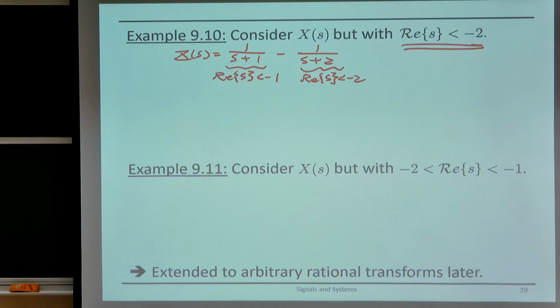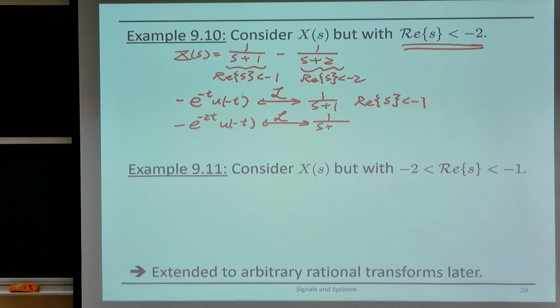And this corresponds to minus e to the minus t u of minus t and minus e to the minus 2t u of minus t.